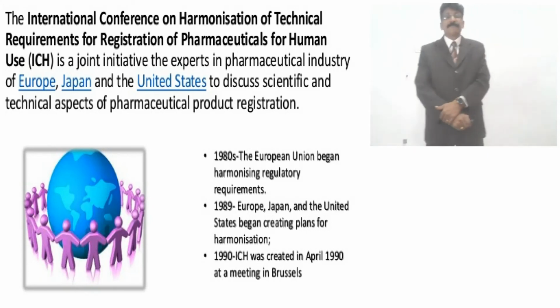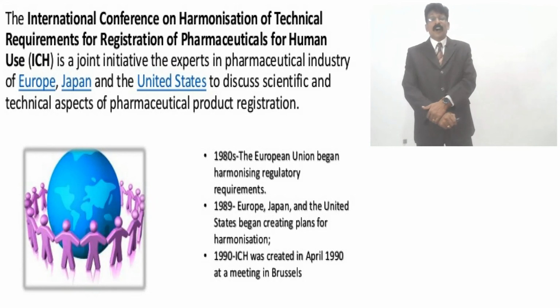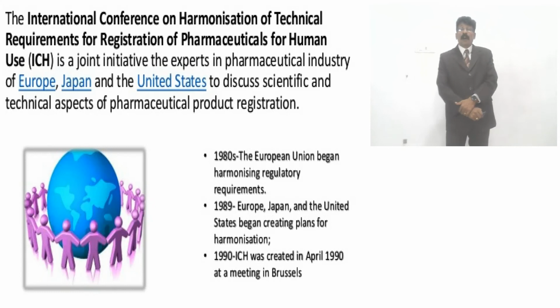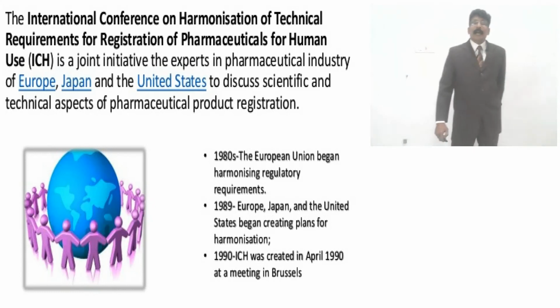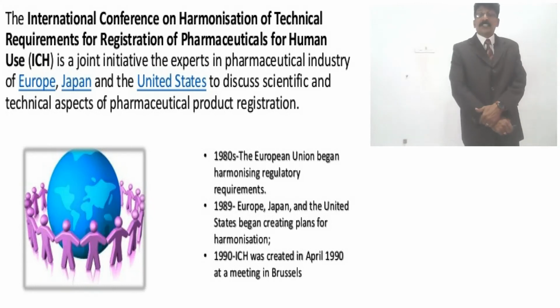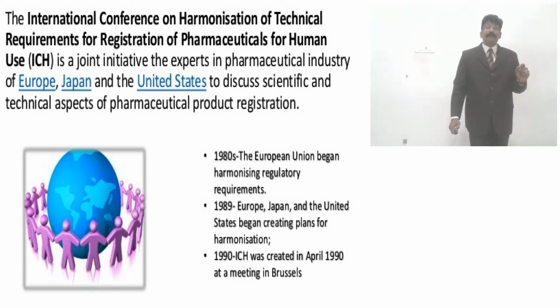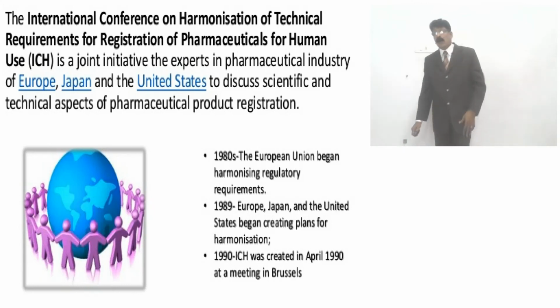ICH is a joint initiative of the regulators and the pharmaceutical industry experts of Europe, Japan and the United States to discuss the scientific and technical aspects of pharmaceutical product registration.